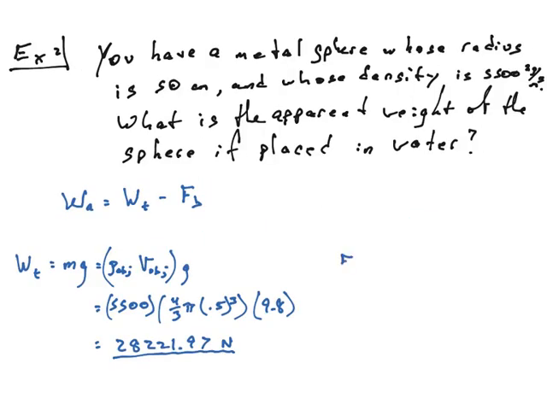So buoyant force is rho fluid, volume of the object times gravity. All right, what's the density of the fluid? We're in water, so it's 1,000. What's the volume of the object? Again, 4/3 pi times 0.5 cubed. And what's g? 9.8.